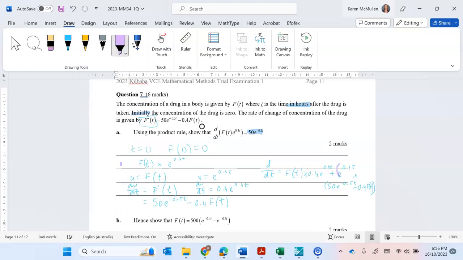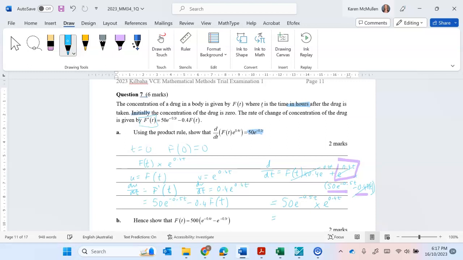So multiplying, oh, it's really hard to see, sorry guys. All right, so multiplying this by both these terms will mean that this is going to cancel out with this and this. So that is why we're left with 50e to the negative 0.5t times e to the 0.4t.